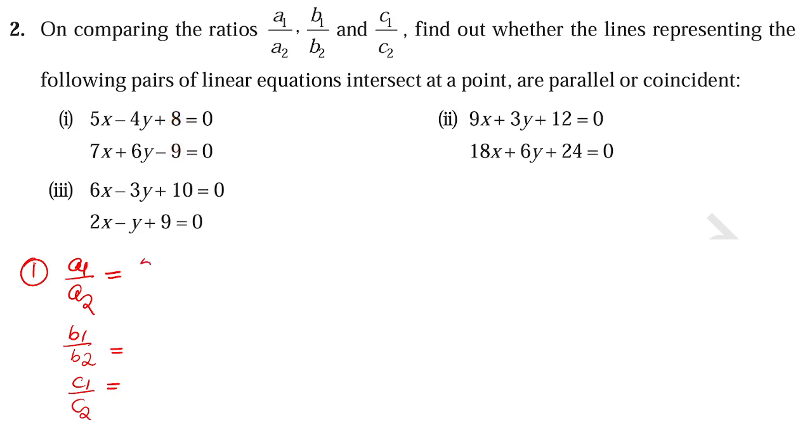A1 by A2 is 5 by 7. Correct? Yes. B1 by B2 is minus 4 by 6. C1 by C2 is not required because we studied in the previous class that A1 by A2 not equal to B1 by B2.